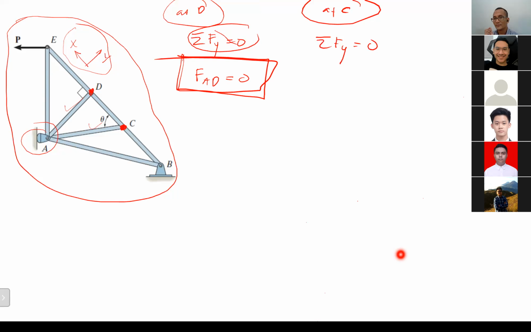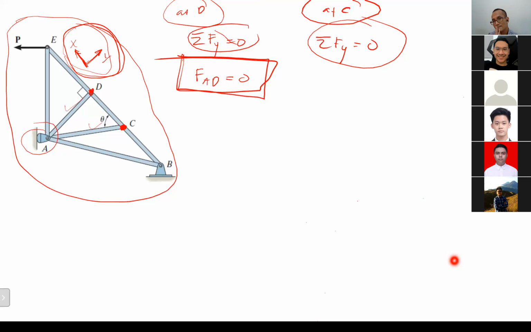So now we take a look at C. We keep using the same coordinate, X going there and Y going there. Now I want to use sigma Fy equal to 0 at point C. Help me list out all the forces which have a Y direction at point C.